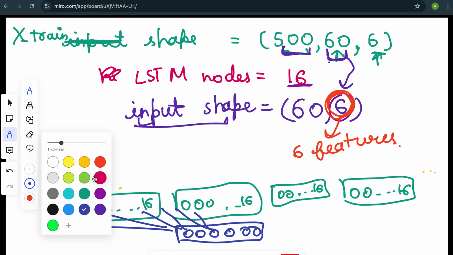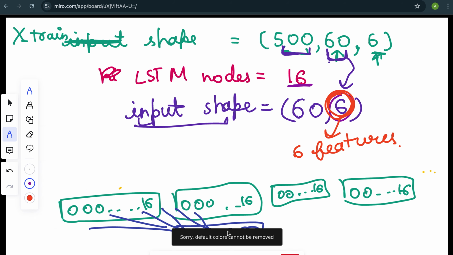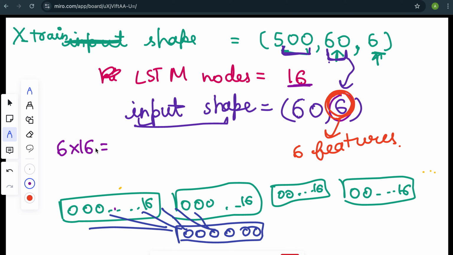Making the input box and LSTM box connection, we will have 6 times 16. These lines will establish the connection between the input box and the LSTM nodes. 16 times 6 is 96, right? Yep. And then we'll have the LSTM to LSTM nodes connection. It will be 16 times 16, which is, I believe, 256.